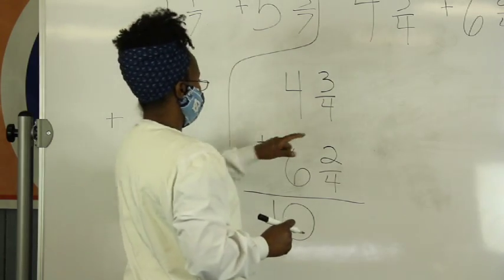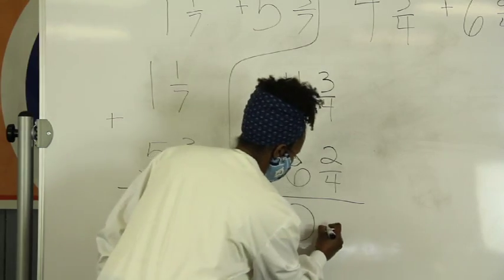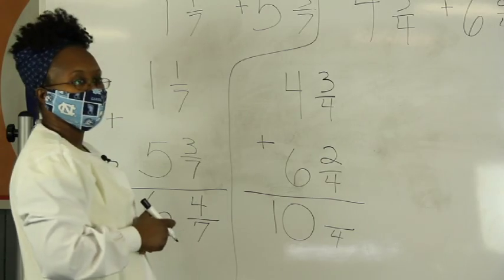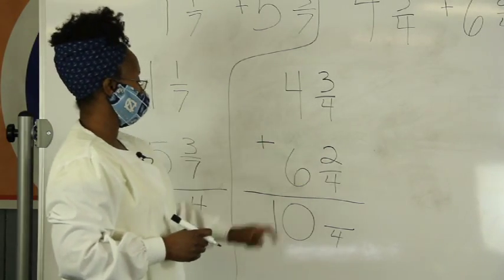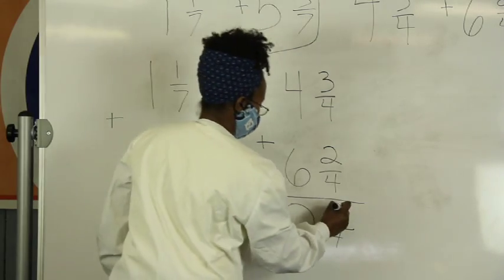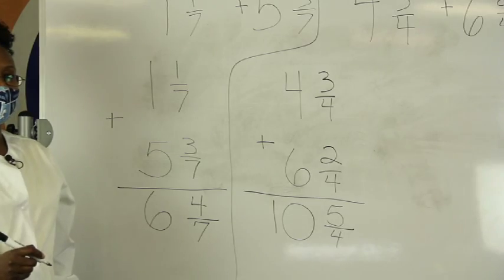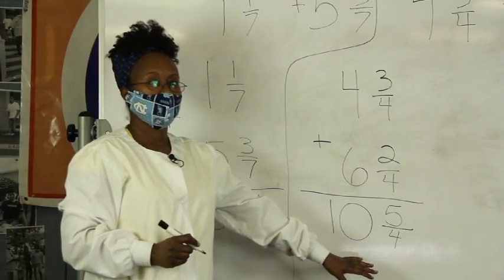And now, do we have the same denominator? We do. That's great. Bring it down. Now, let's add the numerators. 3 plus 2 is 5. See anything that we need to talk about here?